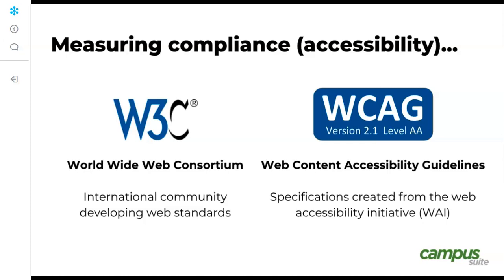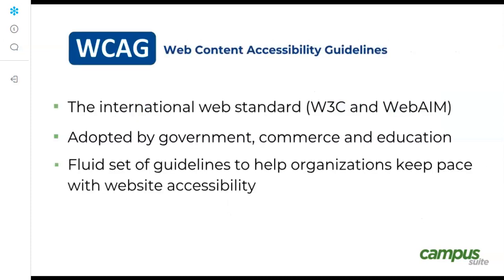Web Content Accessibility Guidelines. You'll hear a lot about this. We call it WCAG. And these are specifications created from that Web Accessibility Initiative I was talking about. These are the principles and specifications created to guide good accessible content. These standards were adopted by the government initially, and then commerce, and now education has followed.